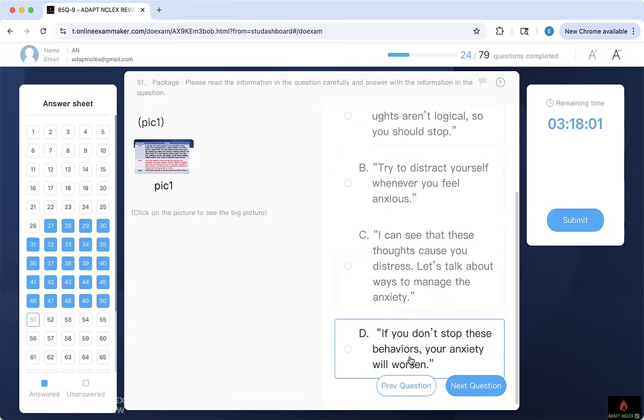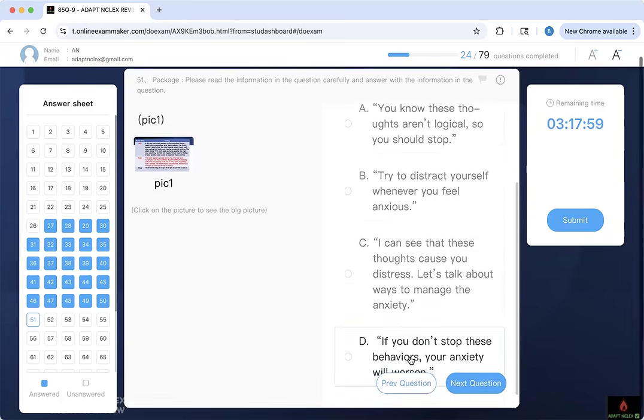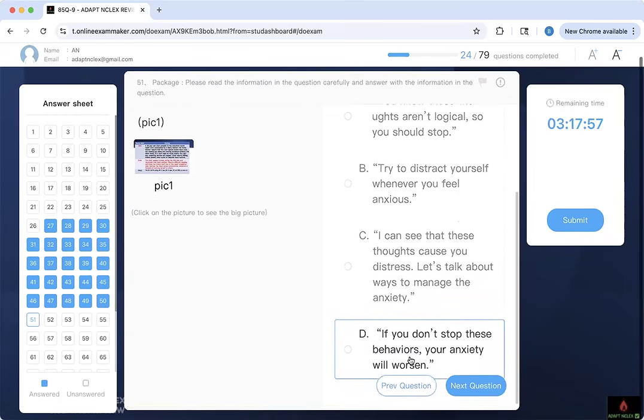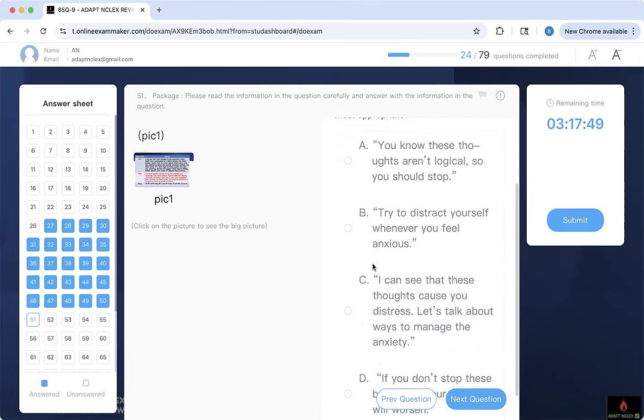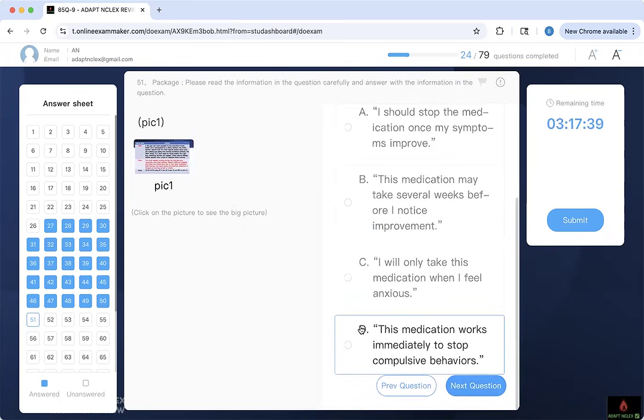If you don't stop this behavior, your anxiety will worsen. Therapeutic communication, guys. Which one is the best therapeutic communication? What do you think? Which one is the best one? Tell me more about it. So working with the patient, I can see that it's distressing you. Let's work more on it and fix the problem.